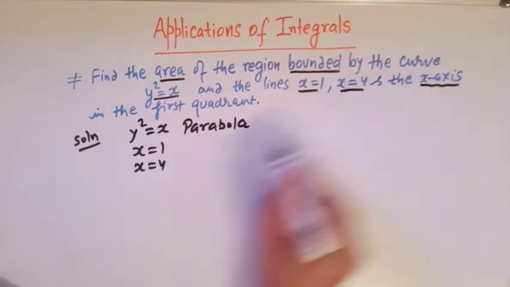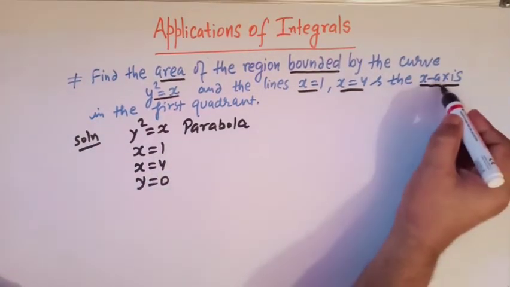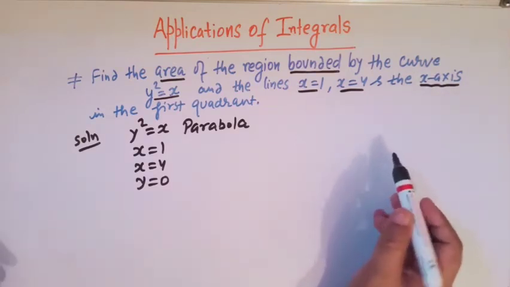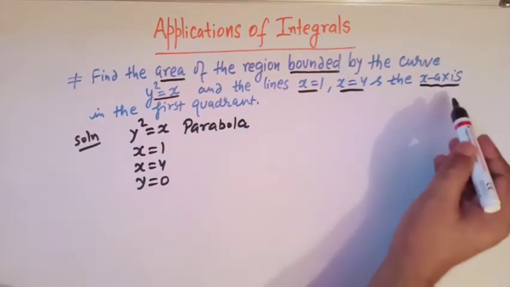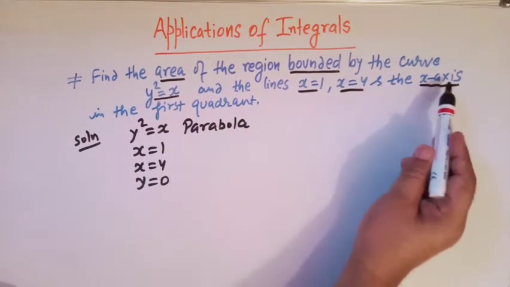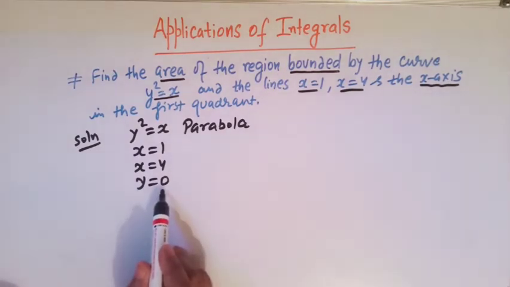And the equation of the x-axis is y is equal to 0. The equation is not given here, so it is our part to identify the equation of the curves. Here the x-axis is given, so its equation is y is equal to 0.